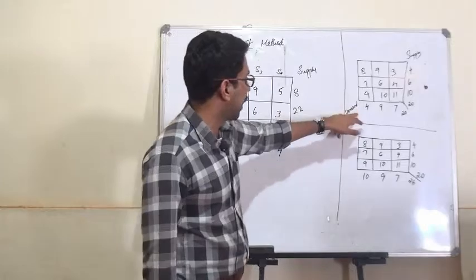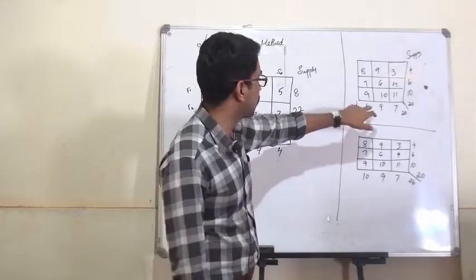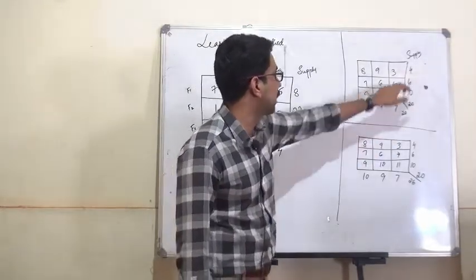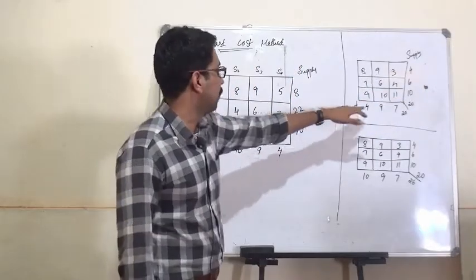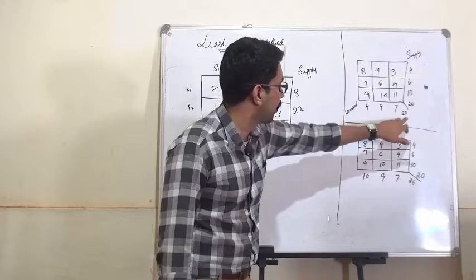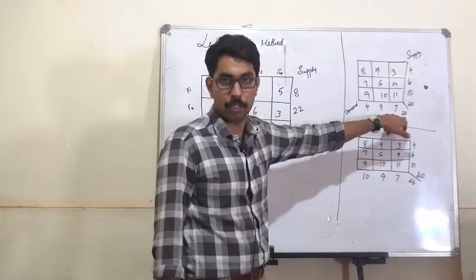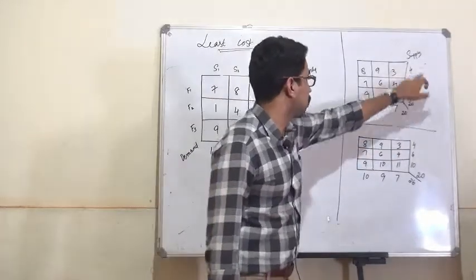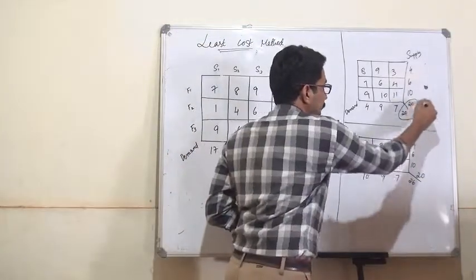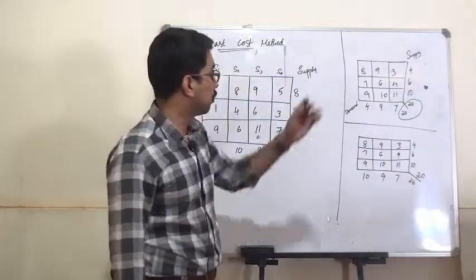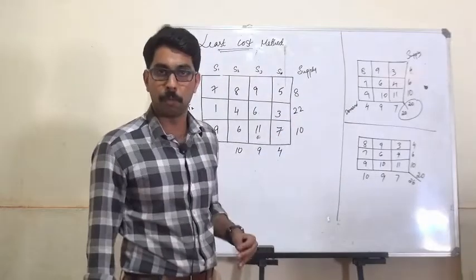Here the demands are 4, 9 and 7, and the supplies are 4, 6 and 10. When we total the demand, we get 20, and the supply is also 20. So we can say that this table is balanced. That means both demand and supply are equal.